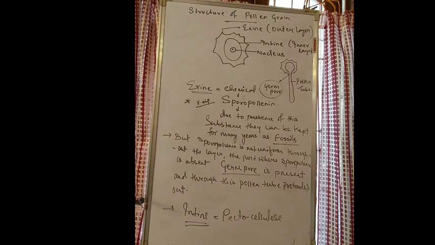That means after falling on the female stigma, the protrusion of the pollen tube, or if they fall at the two-cell stage, further mitotic division, there is a particular time period within which they have to complete these stages. That time period till which they retain the ability to germinate after falling on the female reproductive part is known as pollen viability.